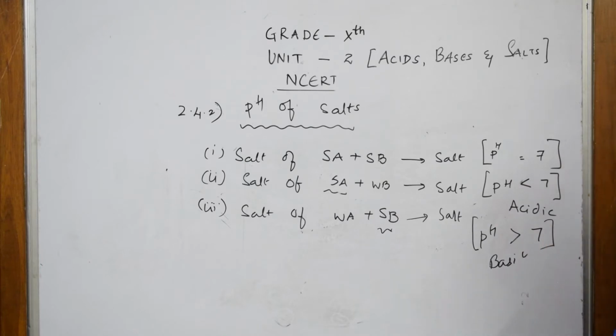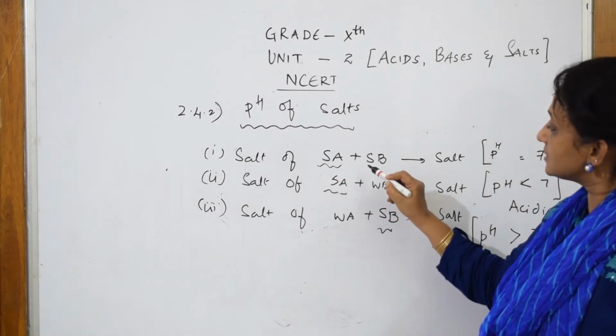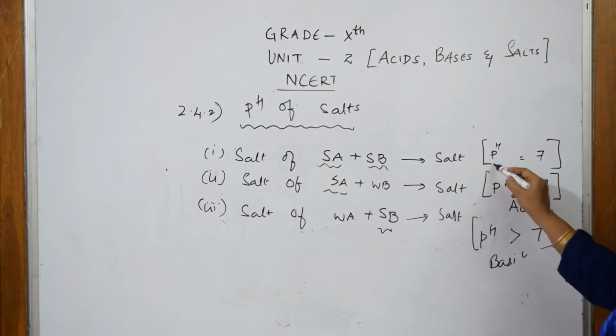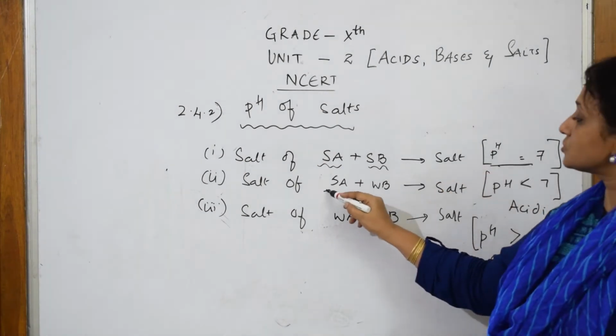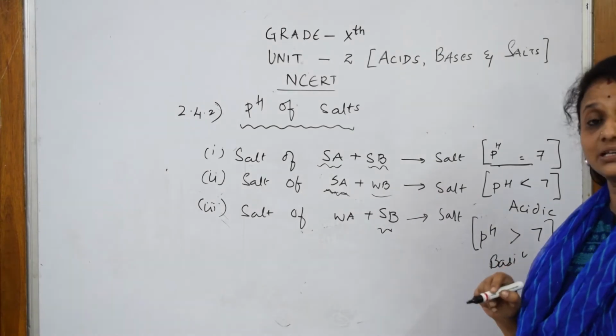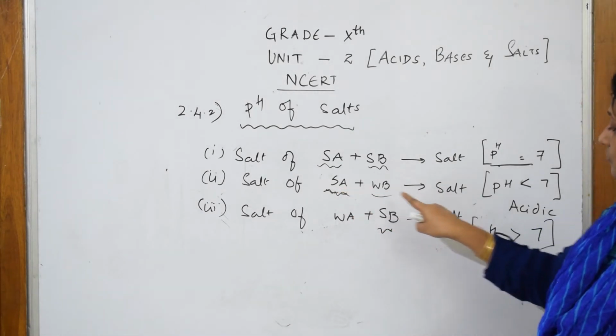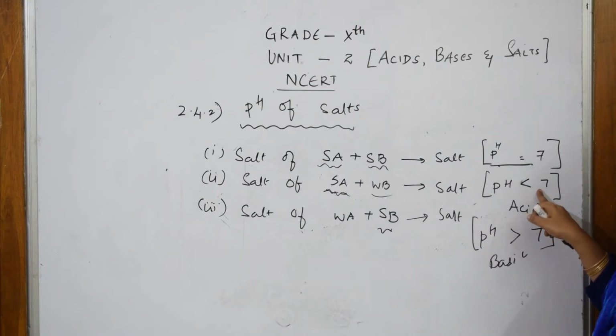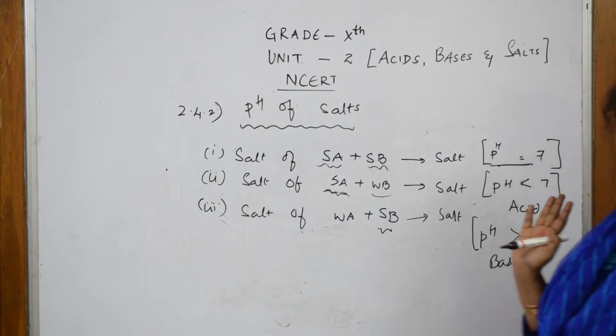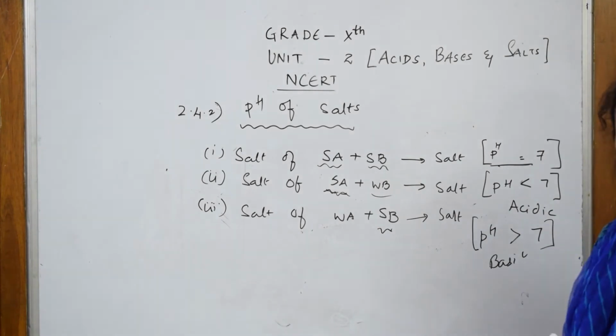See, if it is strong acid and strong base, it has neutralized and come to pH 7, neutral. If it is a strong acid and a weak base, the pH of the salt is less than 7, because acids fall below 7 on the pH paper.